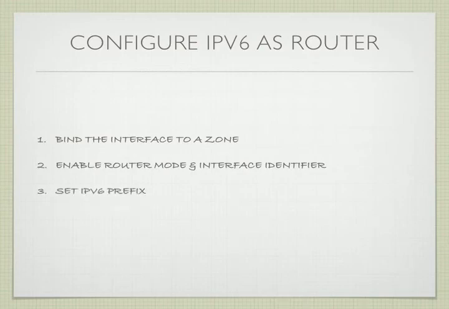Then the difference is a router needs to know the IPv6 prefix that it's going to pass out when it responds to these messages from the hosts on the segment. And then we're going to configure the address auto configuration. So the steps 3 and 4 are the unique parts of the configuration for router mode.